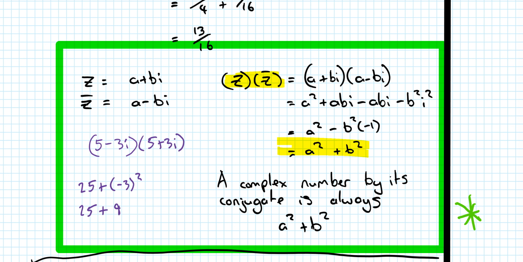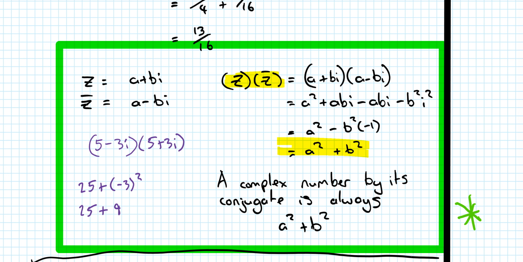So where is that useful and why do we have that? We've looked at adding complex numbers. When adding complex numbers, we just add like terms, so the real parts with the real parts, the imaginary parts with the imaginary parts. We've already looked at multiplying complex numbers as just multiplying out like normal brackets. You just need to be careful that i squared is minus 1.